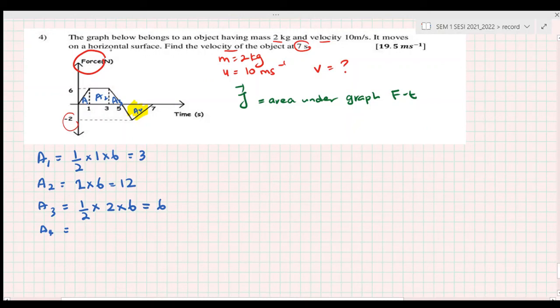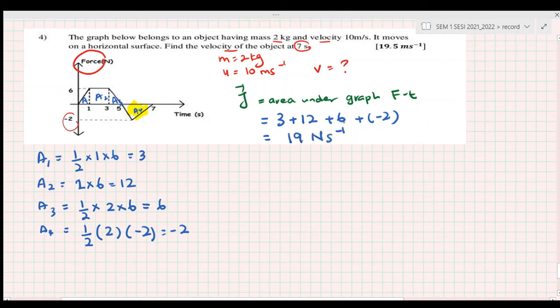We have to put the negative sign in the area calculation. So the triangle is 1/2 times (7 minus 5), which is 2, times negative 2. We get negative 2. If we add all the areas, we have 3 plus 12 plus 6, plus negative 2. So the impulse here is 19 Newton second.